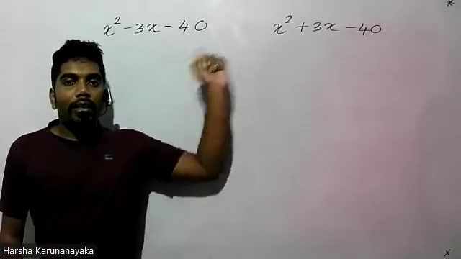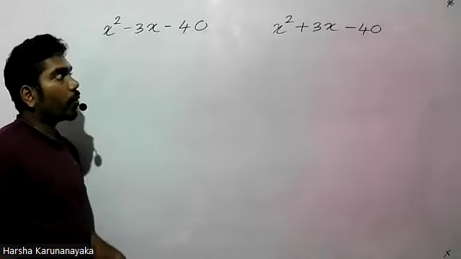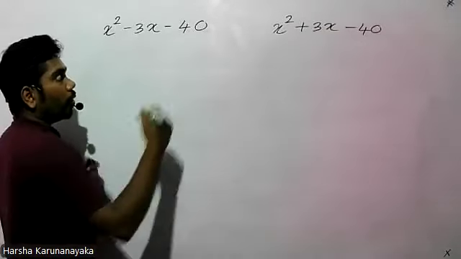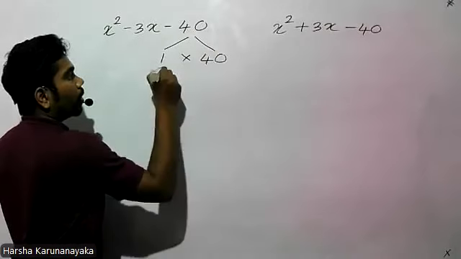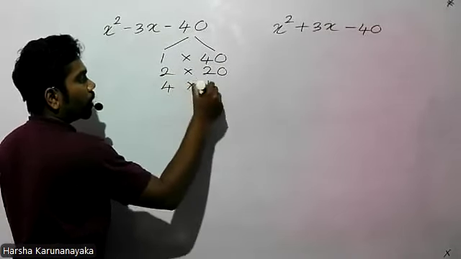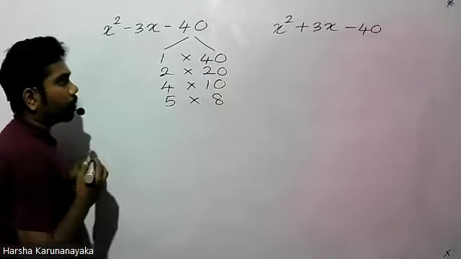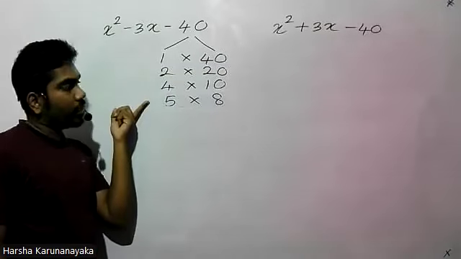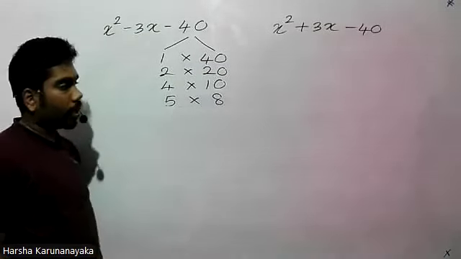Here are another two examples. In these two cases also, we have to find the multiples of 40. 1 into 40, 2 into 20, 4 into 10, 5 into 8. When adding these factors, we can't get the coefficient of x.